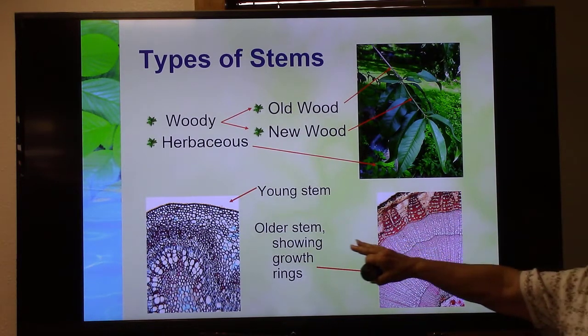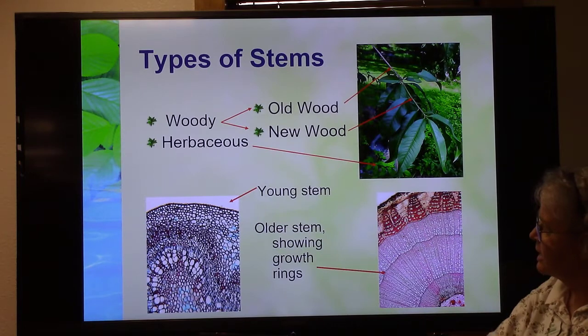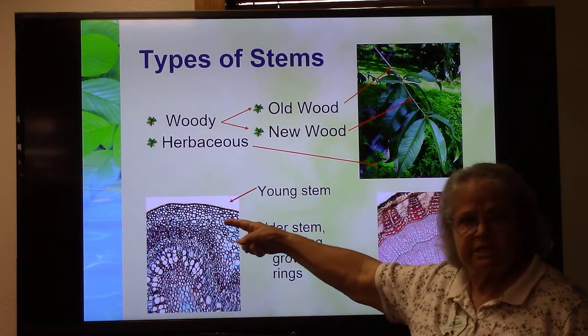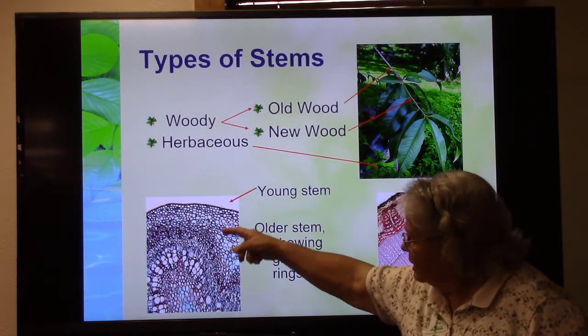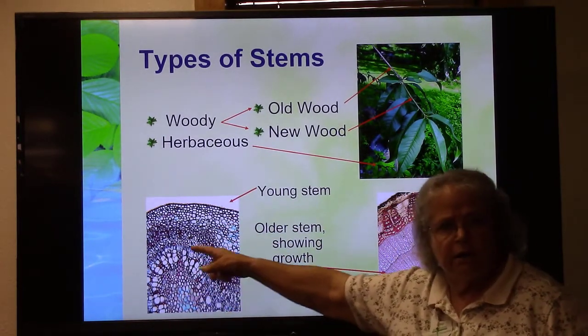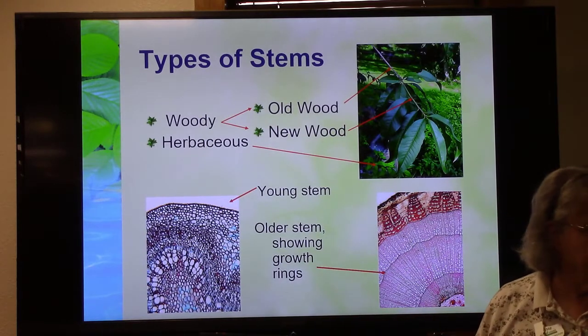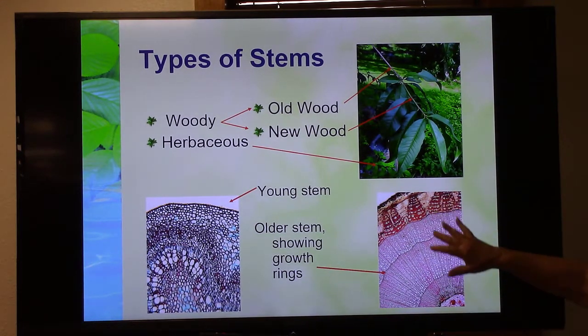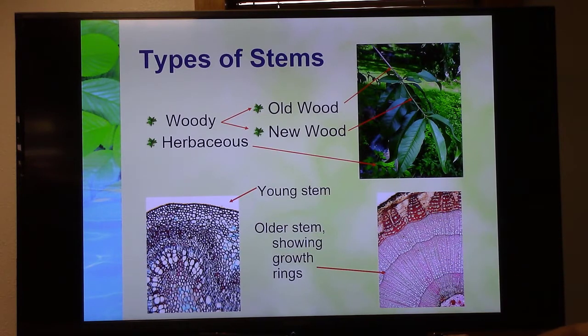A young stem shows a very distinct organization of epidermis cells, other cells, a ring of vascular cells near the center. But as plants get older, and I'm thinking here of plants that live for many years, the growth area of the plant, remember there is a tissue called cambium that makes it get thicker.